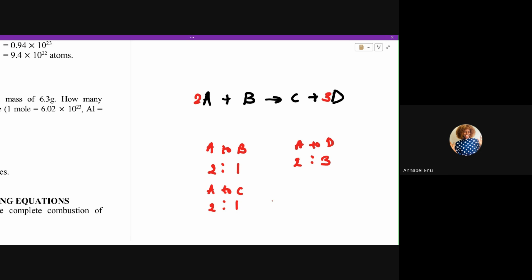It means that for every C produced, we require 2 amounts of A. For every 3D produced, we require 2 amounts of A.